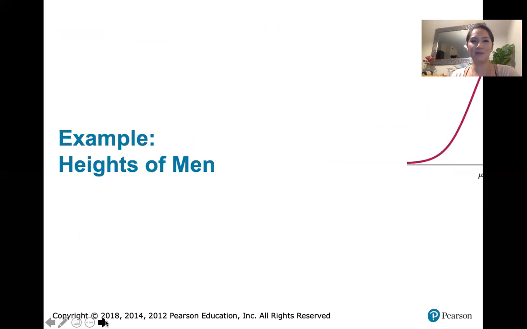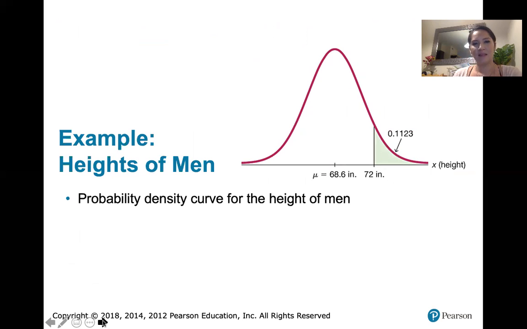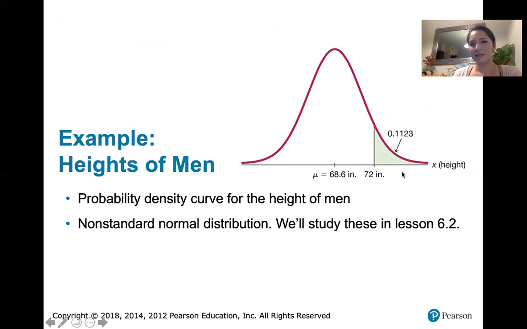Now here's an example. The heights of men are normally distributed, and we're going to talk more about what that means in the next few videos. And they have a mean of 68.6 inches. If I am interested in this area here, what that represents is the probability that the height of a man is greater than 72 inches.